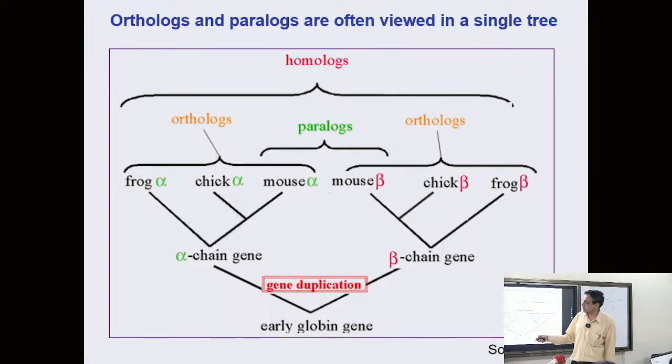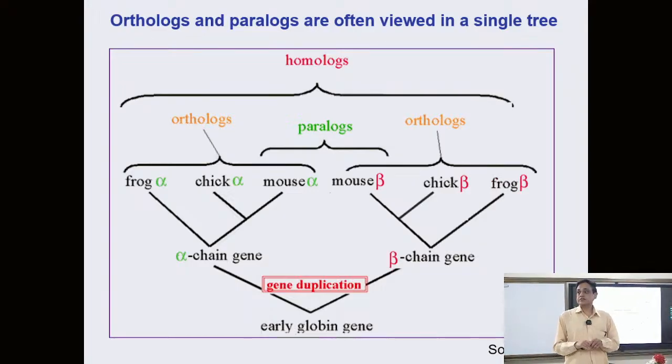Tracing back, I am here, I am here, they have not met yet, and then further back they meet here, right, and here was gene duplication. Because of that, they are paralogs. So the phylogenetic tree will help you in inferring whether two sequences are orthologs or paralogs. You just have to trace back and see where they meet.